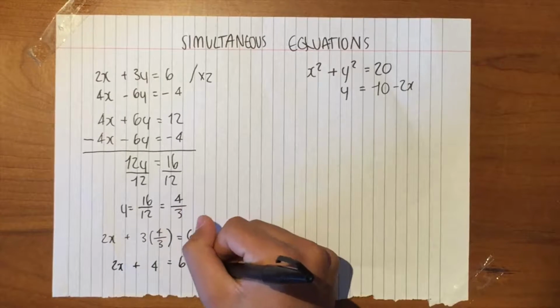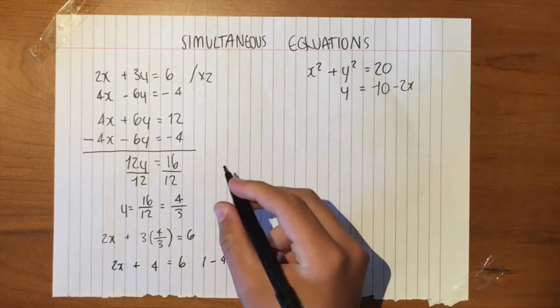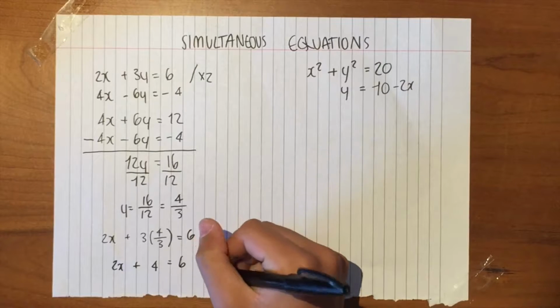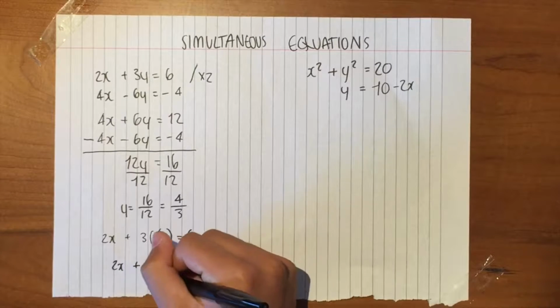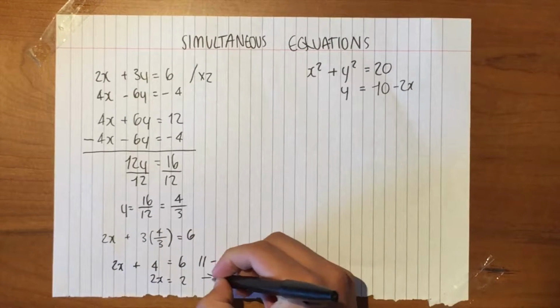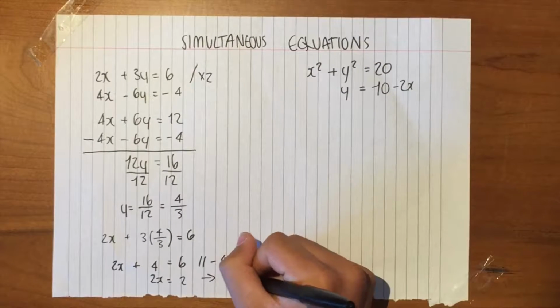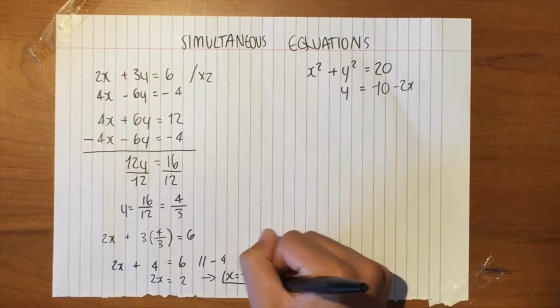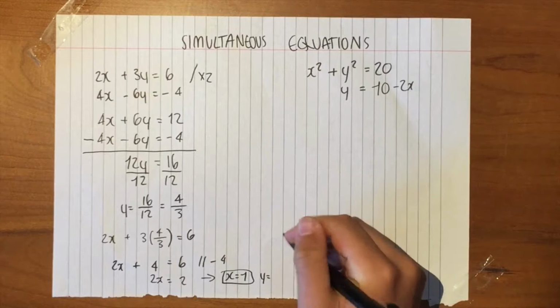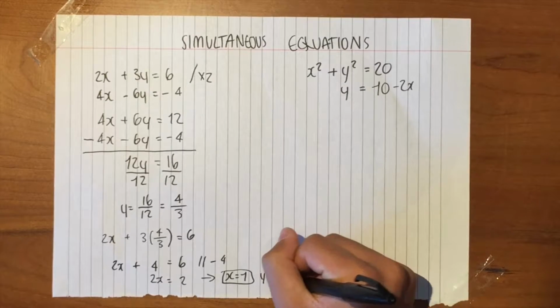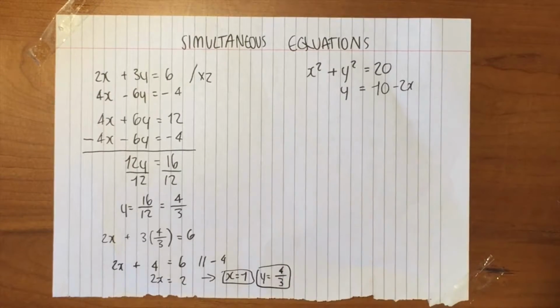We're going to take away 4 here, and we're going to get 2 is equal to 2x, and let me just move it over here. x is equal to 1. So for this, x is equal to 1 and y is equal to 4 over 3. So this is elimination. Now let's use substitution.